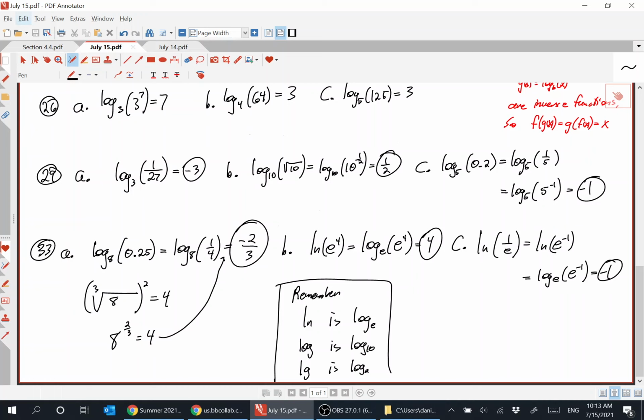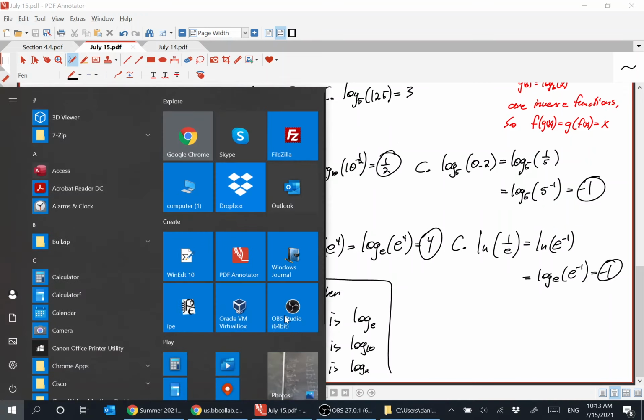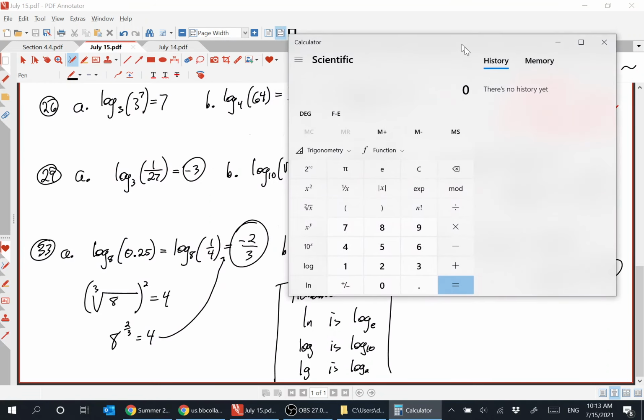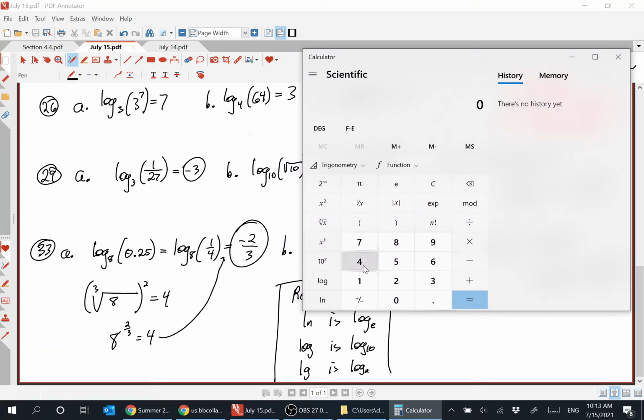And then, of course, you can always stick these things into your calculator, but the calculator only has log base 10, that's the common log, and natural log. It might have an LG button.